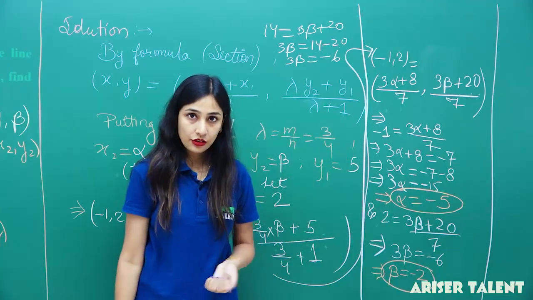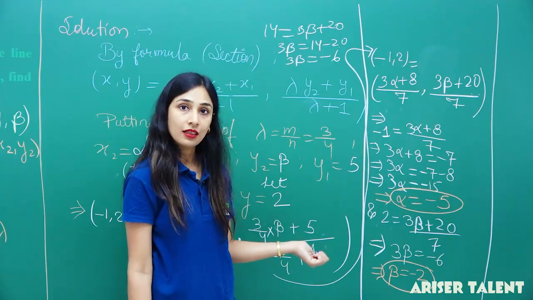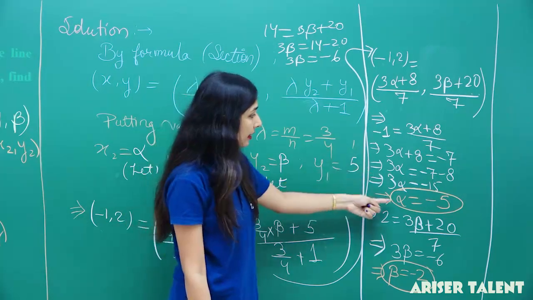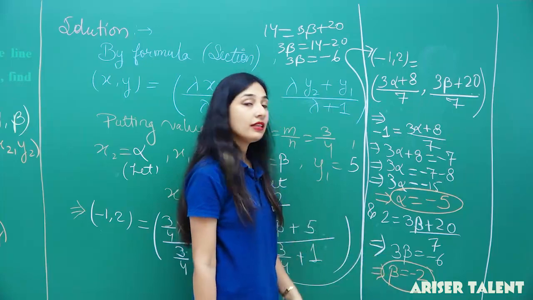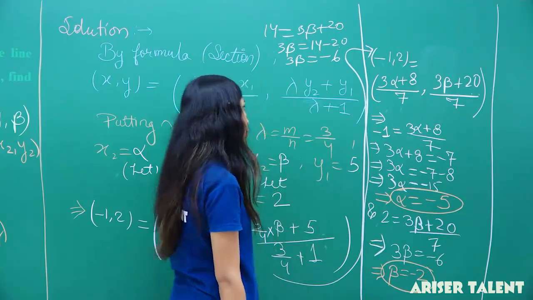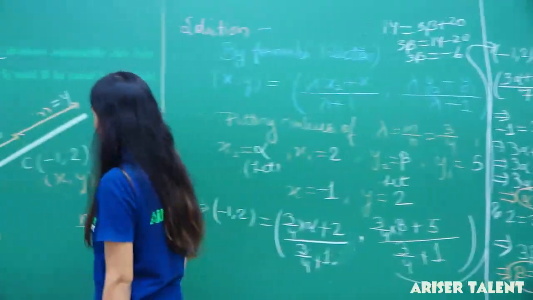So, guys, do I have the answer right now? That is, alpha's value is -5 and the beta value is -2. So, can I write this here? Come this side.